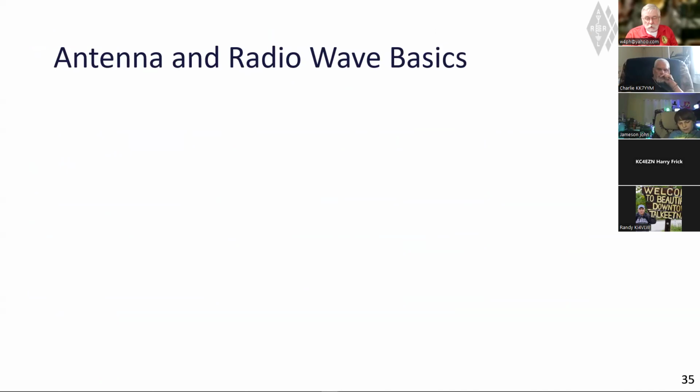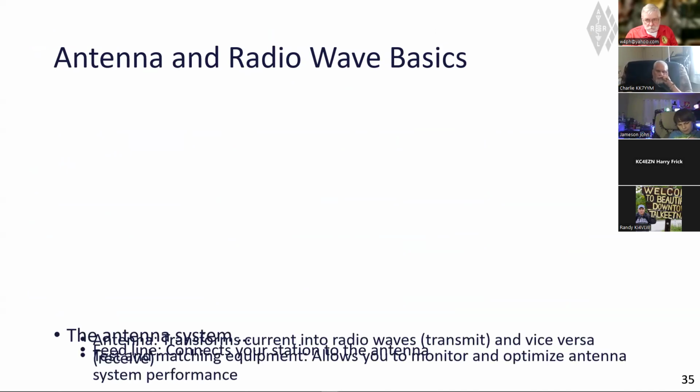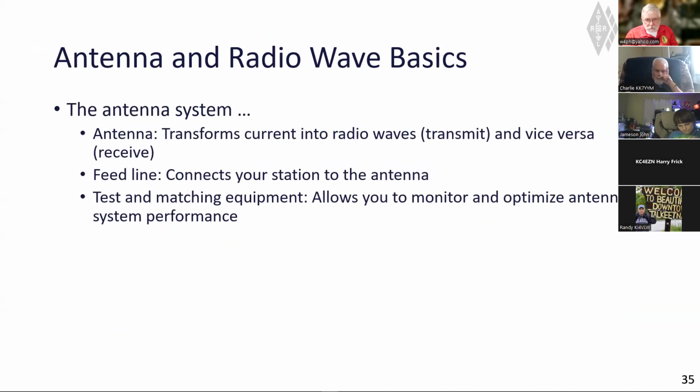Antenna and radio wave basics. The antenna system. The antenna transforms current into radio waves to transmit, and vice versa, converts radio waves into current. The feed line connects your station to the antenna.